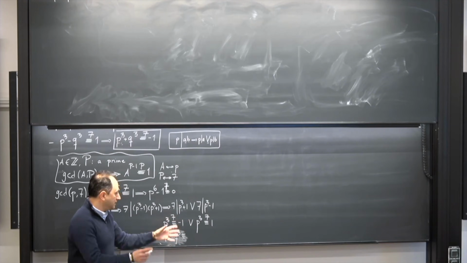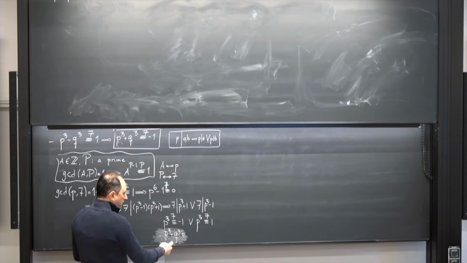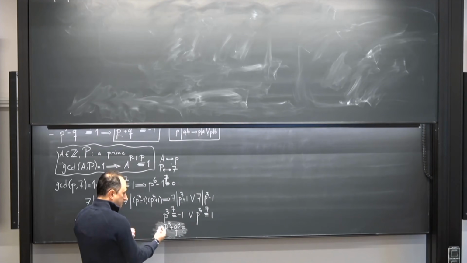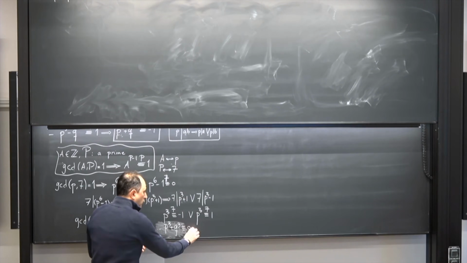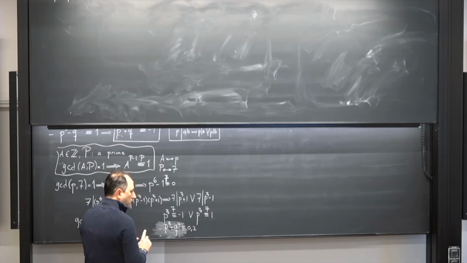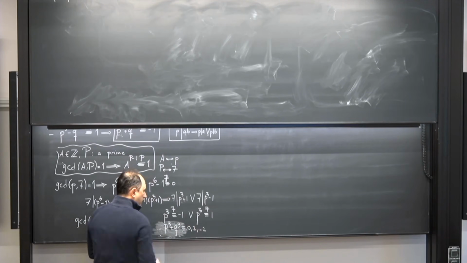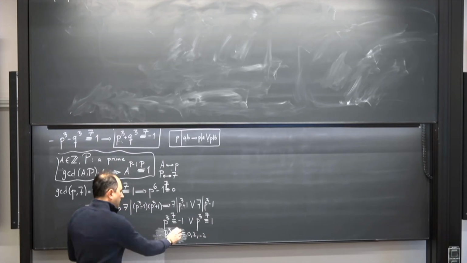But in that case, I hope that I could convince you that the options that we have for p cubed plus q cubed is either 0 if one of them is minus 1 and the other one 1, or 2 if both of them are 1, or minus 2 if both of them are minus 1.